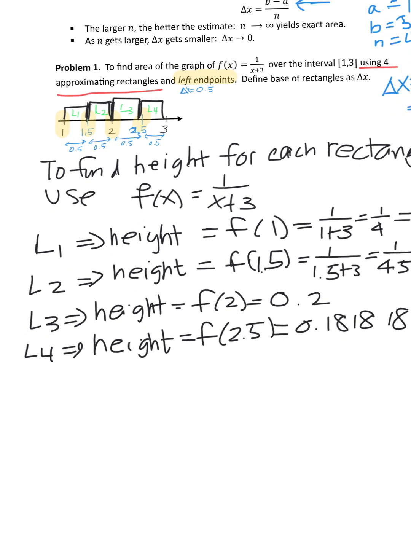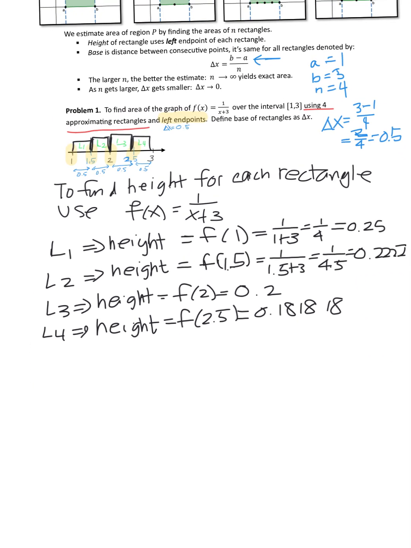Okay. So next, I'm going to compute the areas. The area of L1 is going to be f of 1 times delta x. So that is 0.25, that's the height, times 0.5, and using our calculators, we will get the product for that.